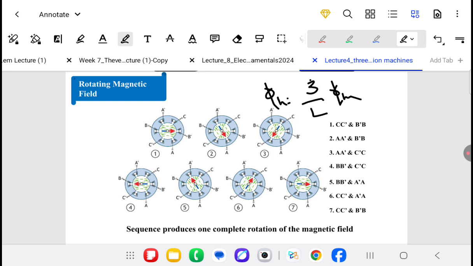This is the phi net, and it is rotating in this sequence of operating phases: first C and B dash, then A dash and B, then A dash and C, then B dash and C, then B dash and A, then C dash and A, then C dash and B. We can see from these steps that the flux is rotating at every instant in space, but with a constant magnitude.